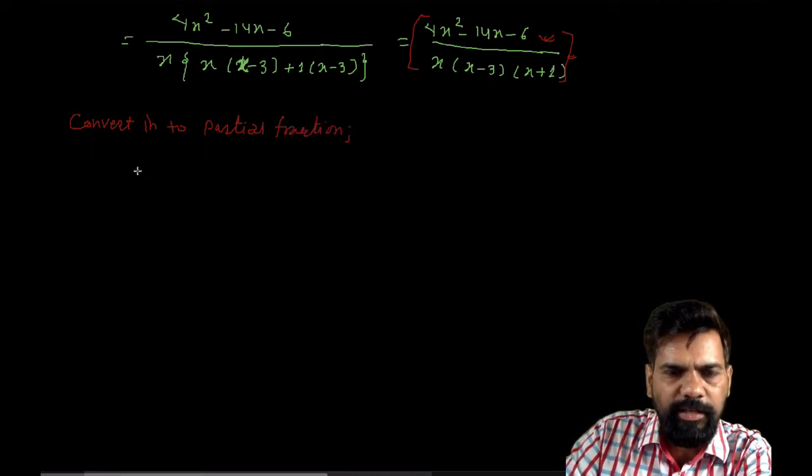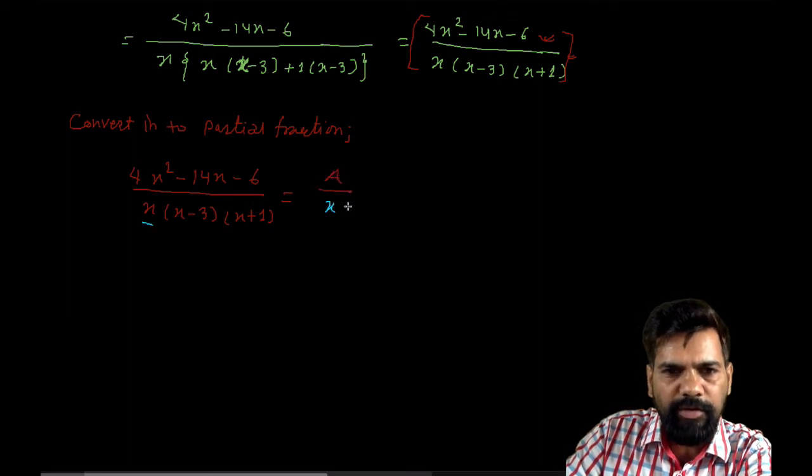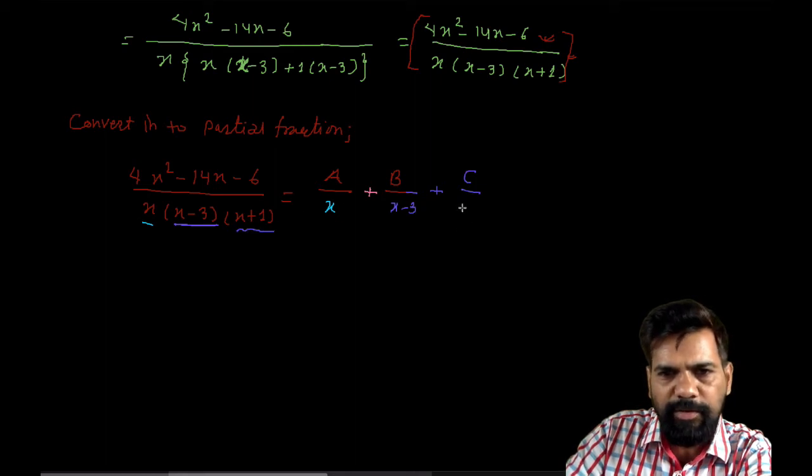That is, the numerator 4x square minus 14x minus 6 stays constant, and the denominator x, x minus 3, x plus 1 is equal to, in terms of partial fractions, A over x plus B over x minus 3 plus C over x plus 1.